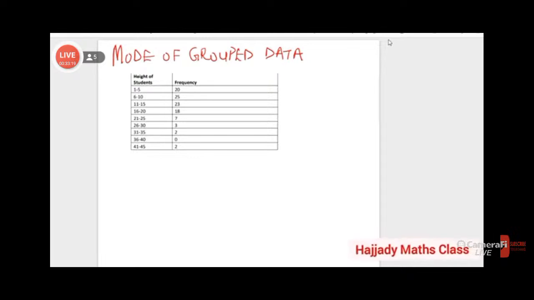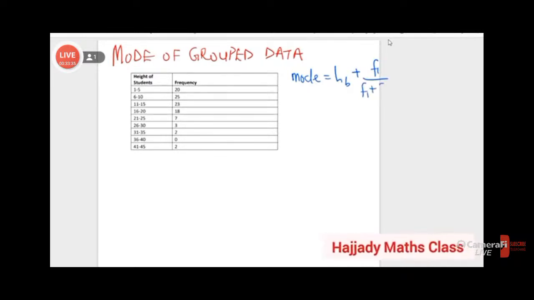So today we shall move straight to the mode of grouped data, and the formula for our mode is: mode equals the lower boundary, LB, plus F1 over F1 plus F2, multiplied by C. We can put this in a bracket for easy computation.